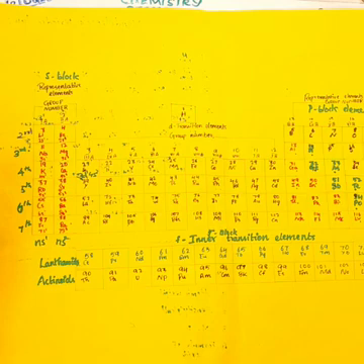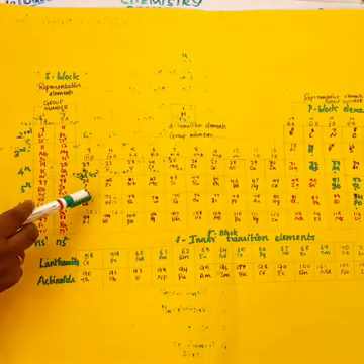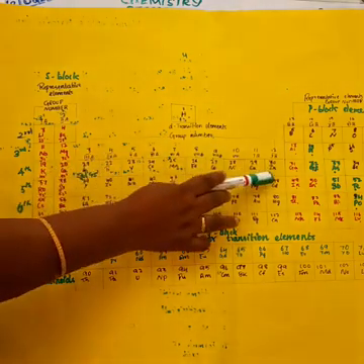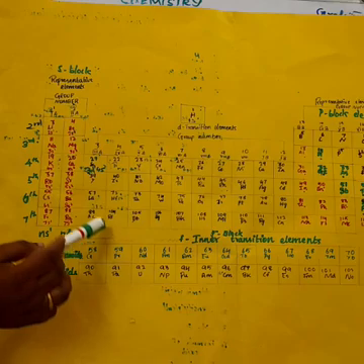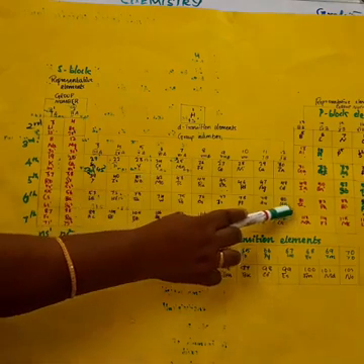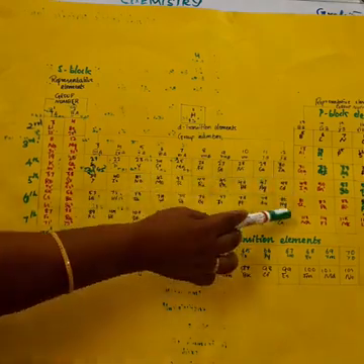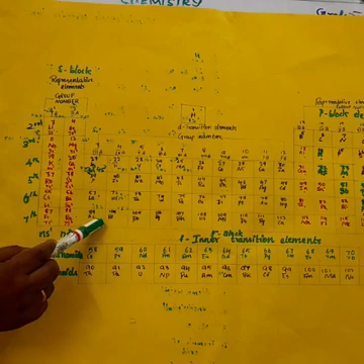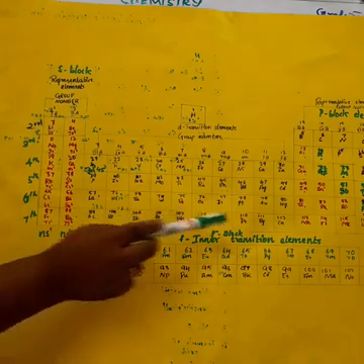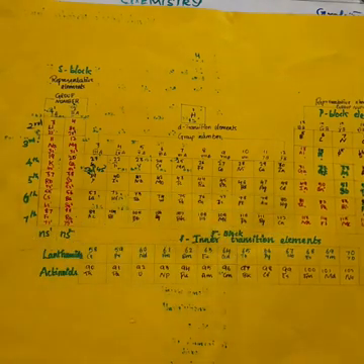Scandium to zinc is the first transition series, yttrium to cadmium the second, lanthanum to mercury the third, and actinium to copernicium the fourth.